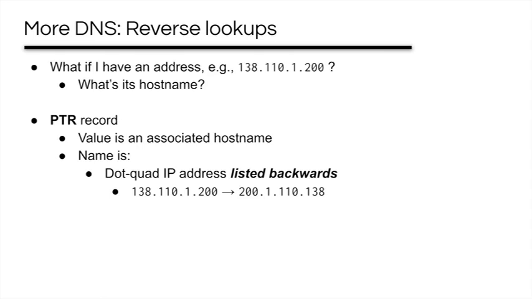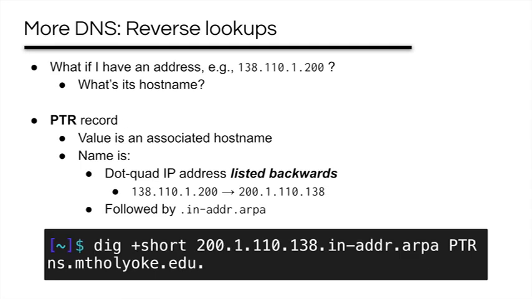So if I want to look up 138.110.1.200, then I start with 200.1.110.138, and then I append .in-addr.arpa. Here you can see I've done a query using dig for this IP address, and I put PTR at the end of the query to say that I want pointer records.